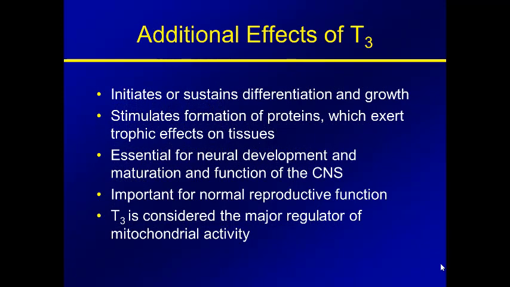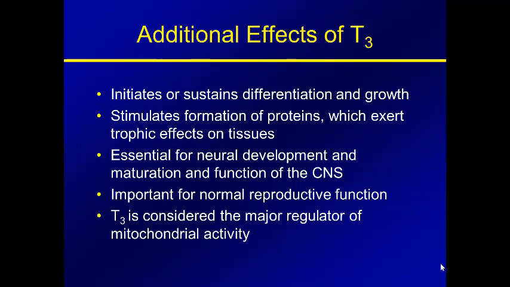Additional benefits of triiodothyronine, T3, are that it initiates or sustains differentiation and growth. That's very important. It stimulates formation of proteins, which exert a trophic effect on tissues. It is essential for neural development, maturation and function of the CNS.